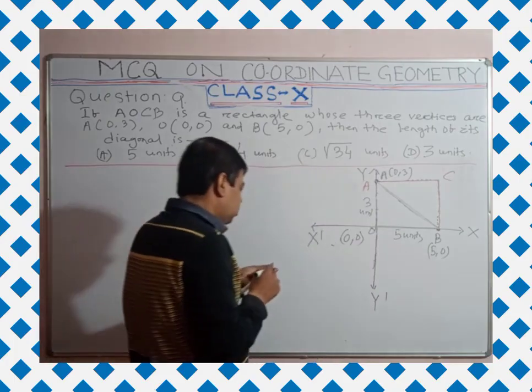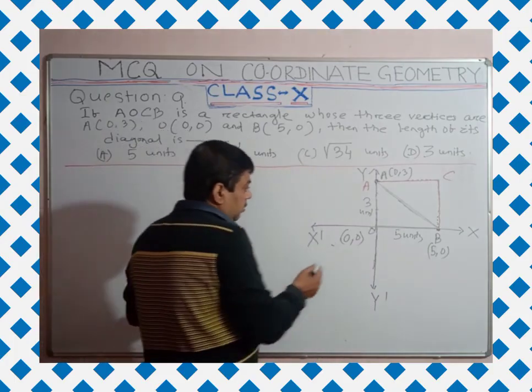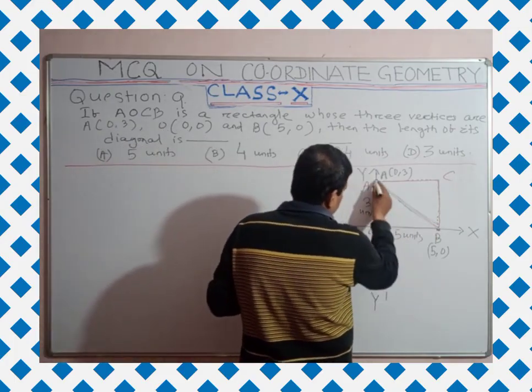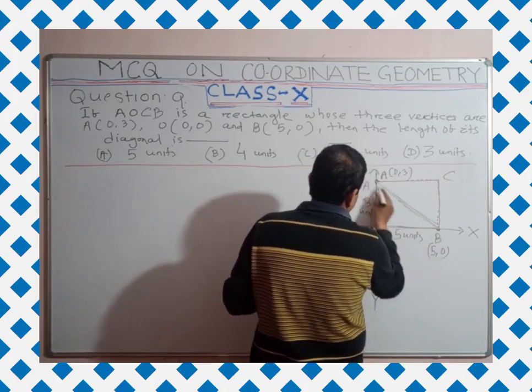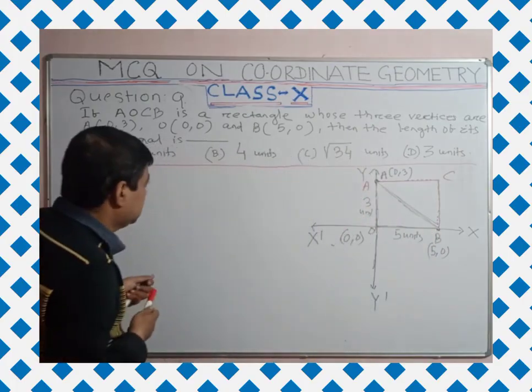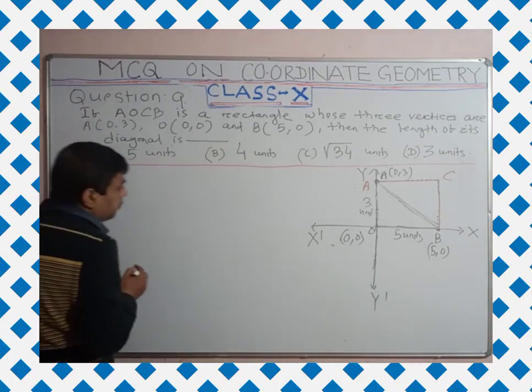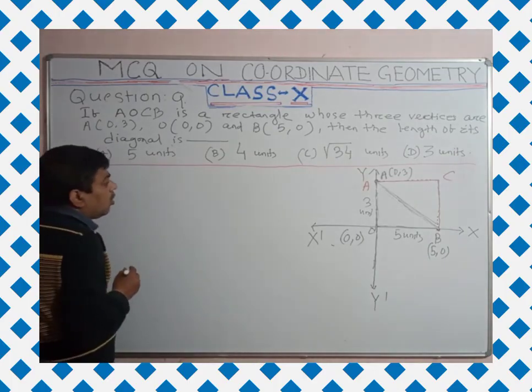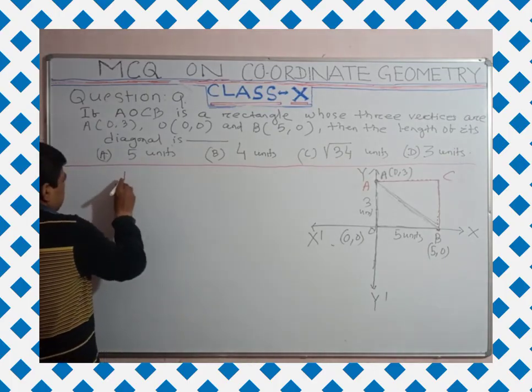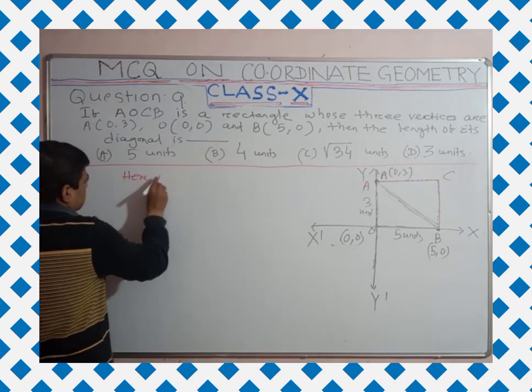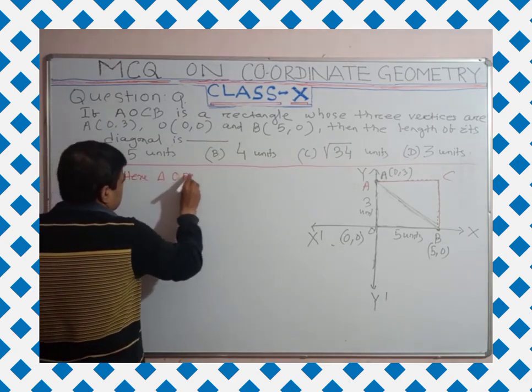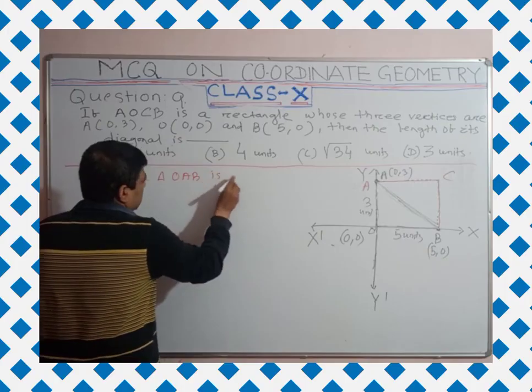We have to find the diagonal of the rectangle. Clearly, triangle OAB is a right angle triangle.